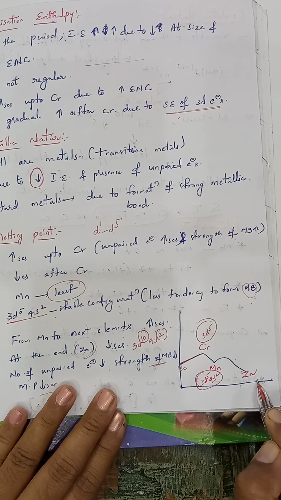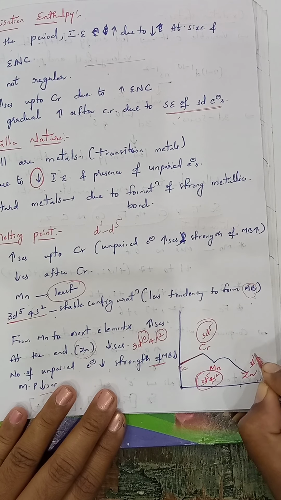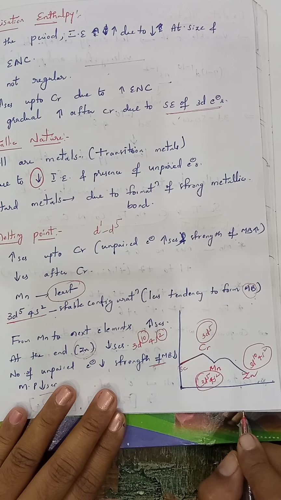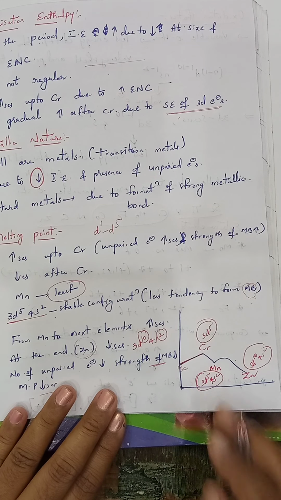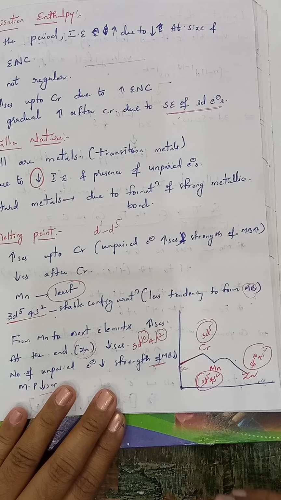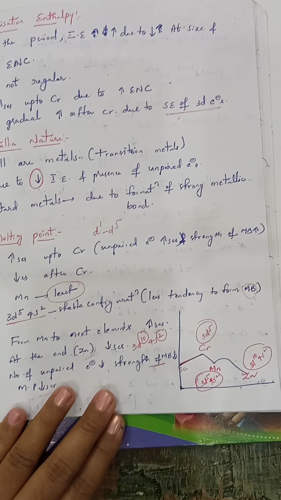If you come to zinc it becomes minimum. Why is it becoming minimum? Due to stable configuration, that is 3d10 4s2. There is no unpaired electron here to make a strong metallic bond, thereby automatically its melting point decreases. Okay, this is about the melting points.